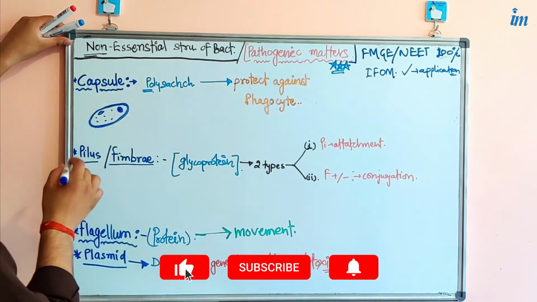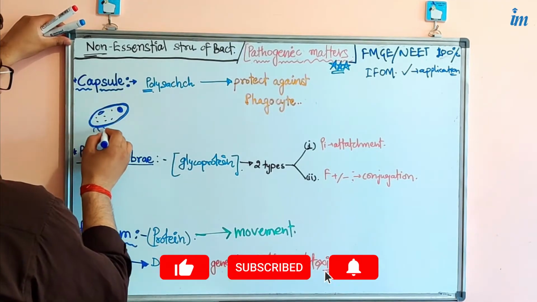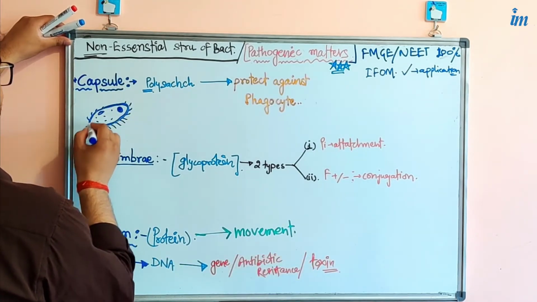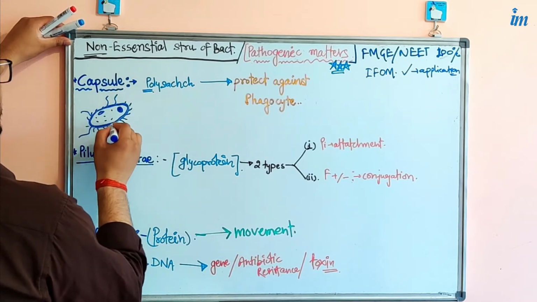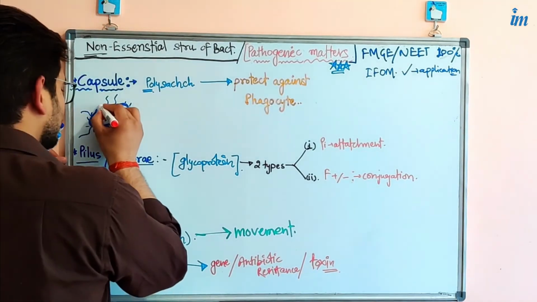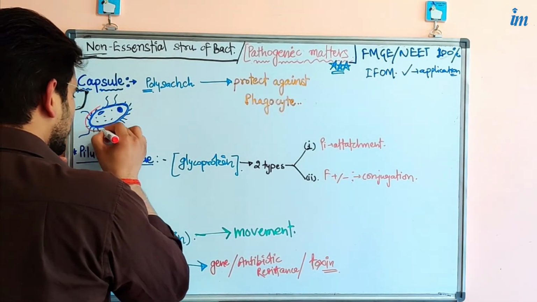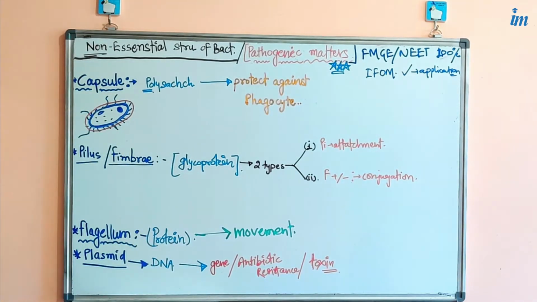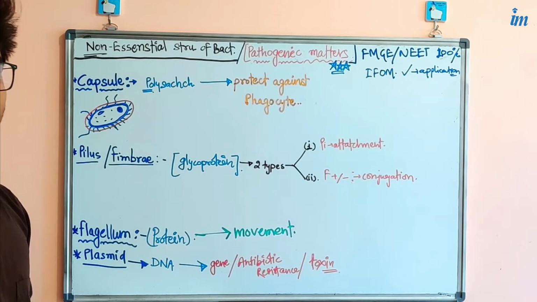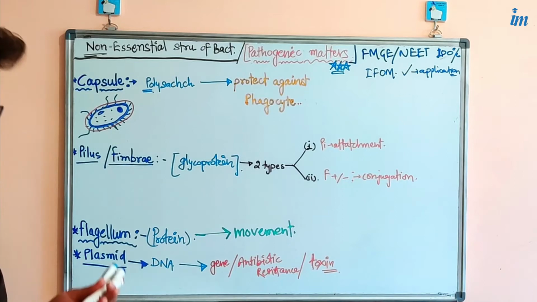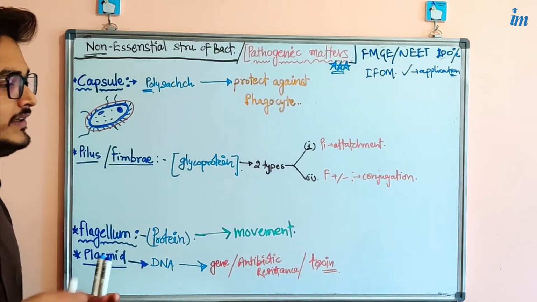In my previous video I told you about the cell wall component, and there are pili, and there is the membrane, and just the outermost layer, which is the capsule. Remember, in my second last video I told you about one very important property of the capsule: it protects the bacteria itself. You may ask, it protects the bacteria and it is not an essential part? See why it is needed.